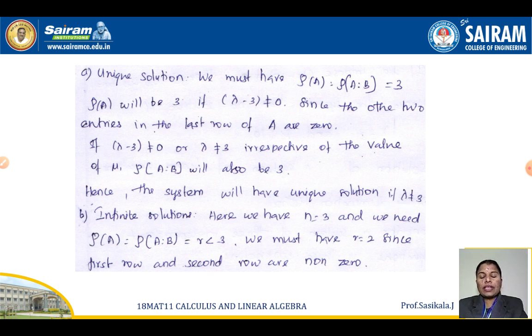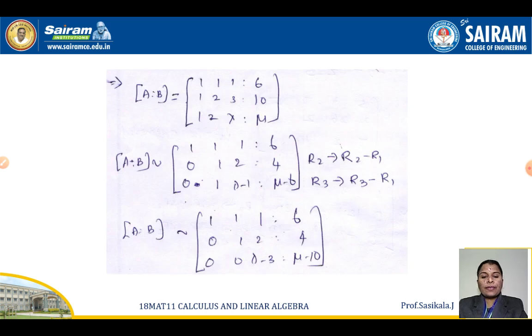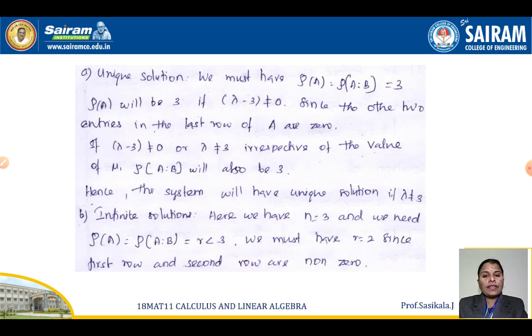Now, for an infinite solution, what is the condition? The rank must be less than 3, because you have n unknowns here. That means rank of A and rank of AB, which is equal to r, should be less than 3. Less than 3 means the minimum rank should be 2, because in the 3 rows, the first and second rows are non-zero, so the last row must be a zero row.